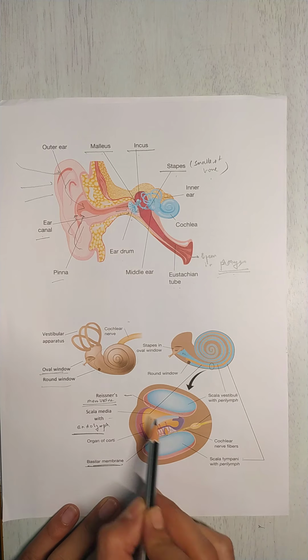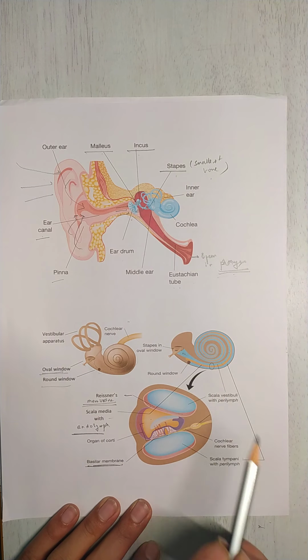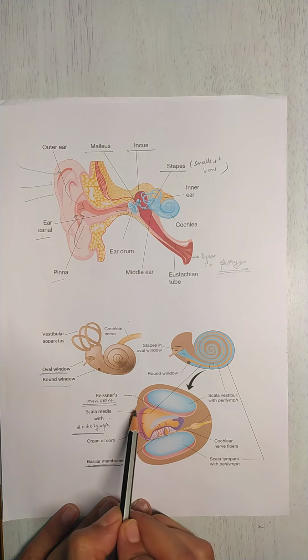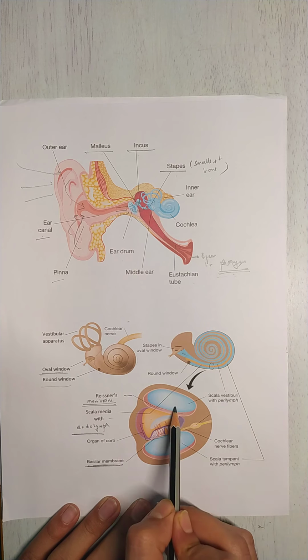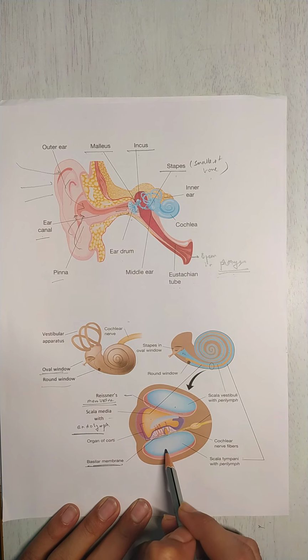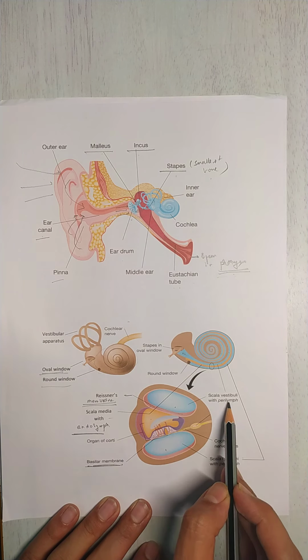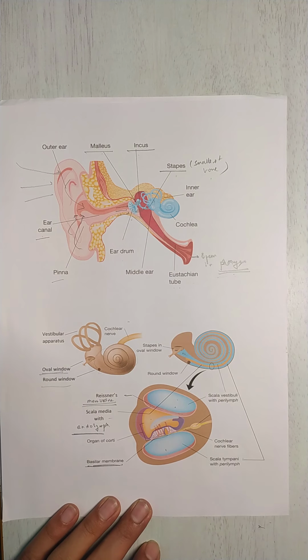The endolymph is what you can see colored in yellow, and the scala vestibuli and the scala tympani are filled with this blue colored fluid that is known as the perilymph. The fluids are not actually colored, it's just marked with blue, yellow and blue again so that it is easier to understand.